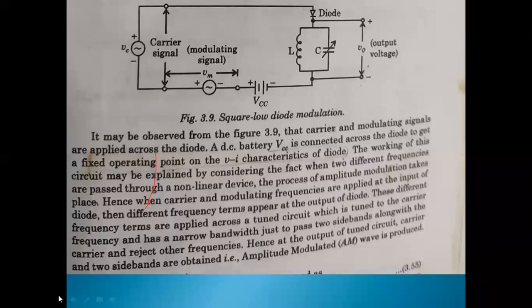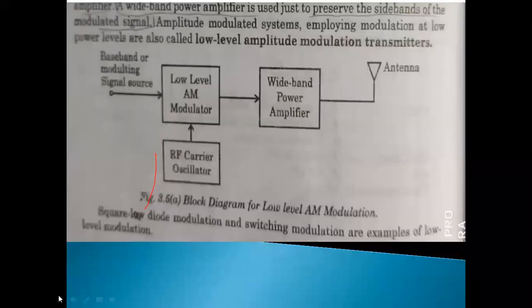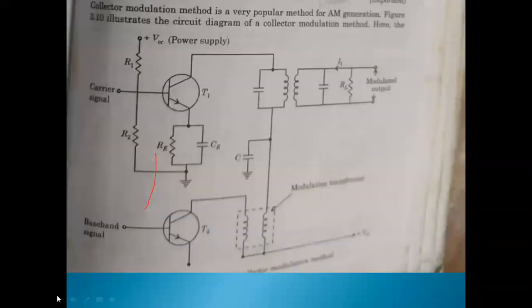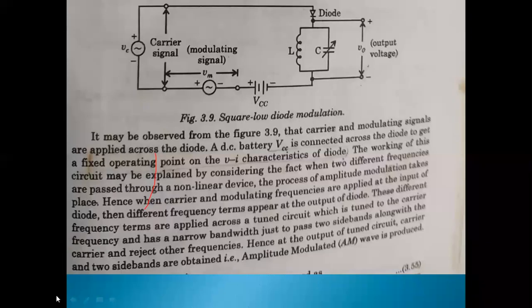That is nothing but the amplitude modulated signal. So this is one type of low level modulation process.